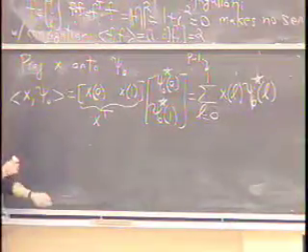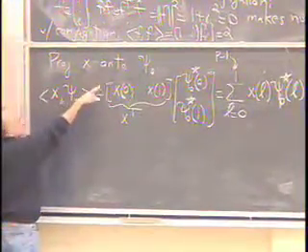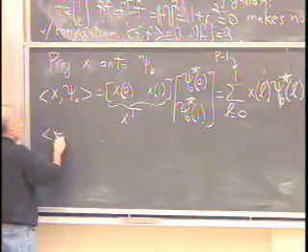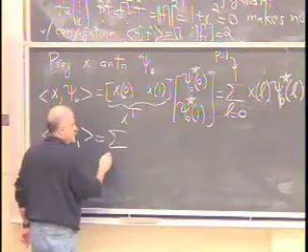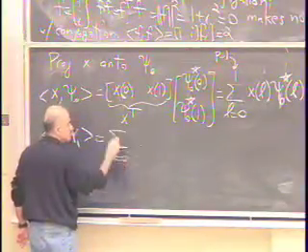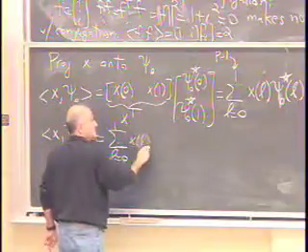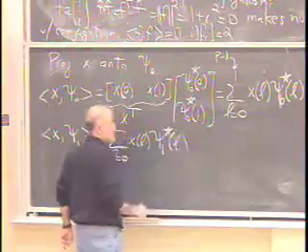That's what we've done. In general, to find the second coefficient, I project x onto C1. And I get the sum over all L from 0 to 1, XL, C1 complex conjugate L.